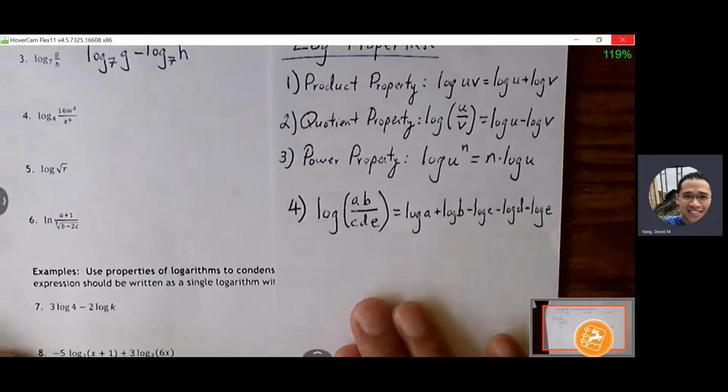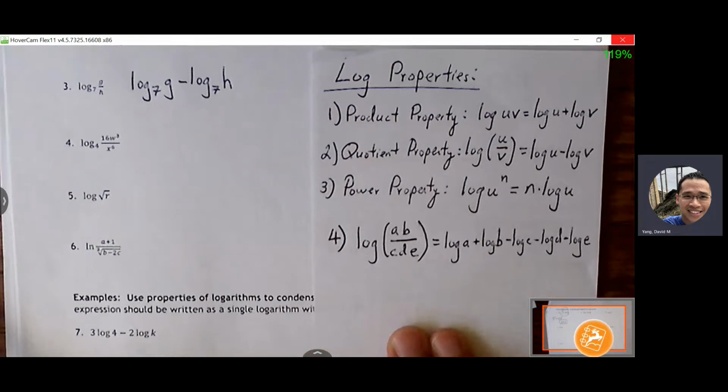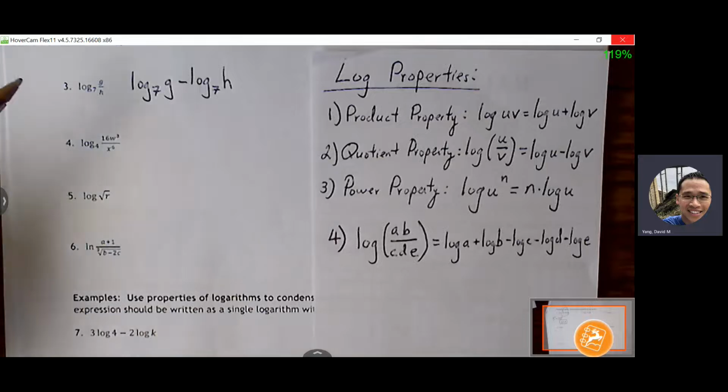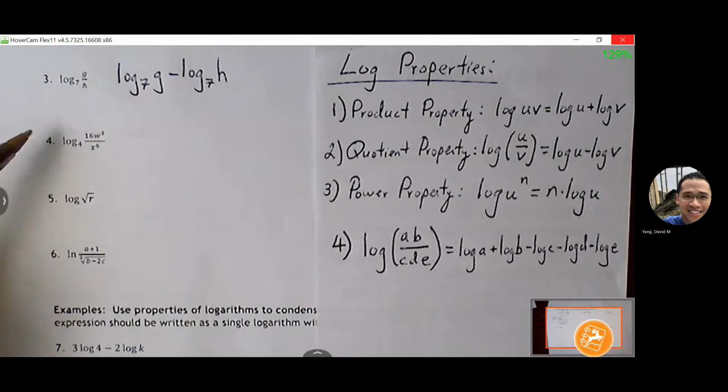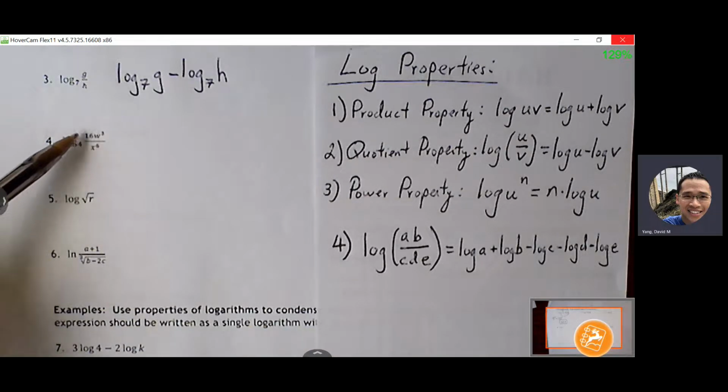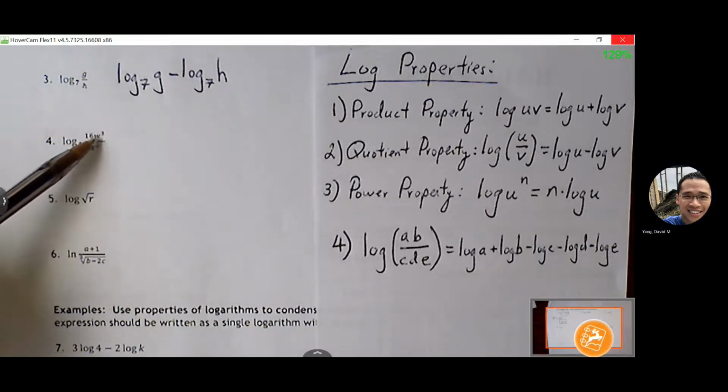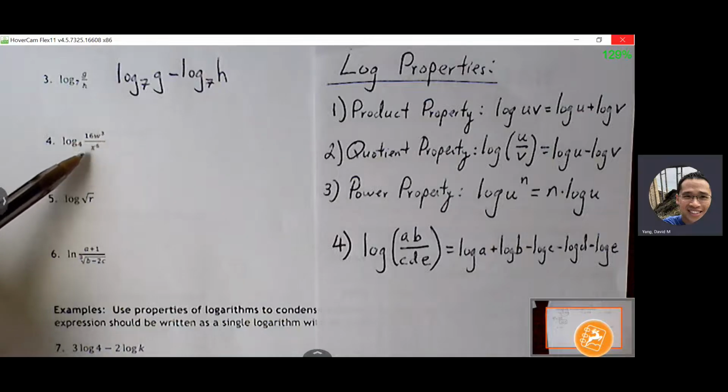Okay, so taking that into account, let's look at number 4. I have 16, I have W cubed, and I have X to the 6th. So the 16 and W cubed are going to be part of a positive log, and then the denominator here is going to be part of a negative log.